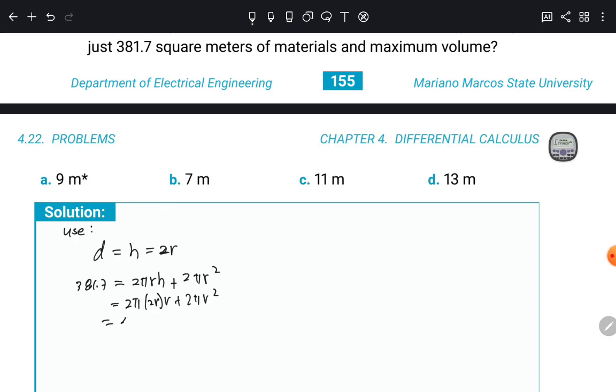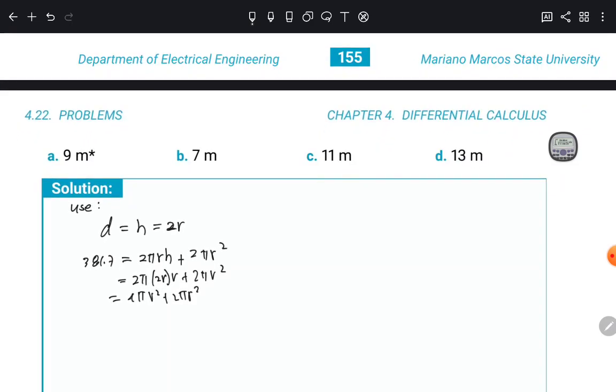So this will be 4 pi r squared plus 2 pi r squared. And this is equal to 381.7. So 4 pi plus 2 pi is 6 pi r squared equals 381.7.